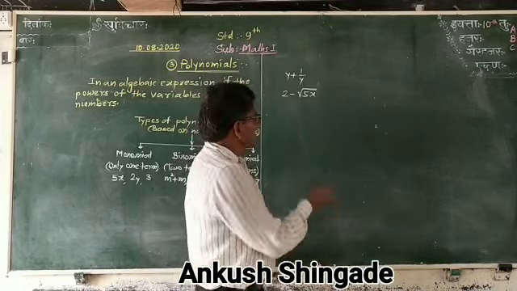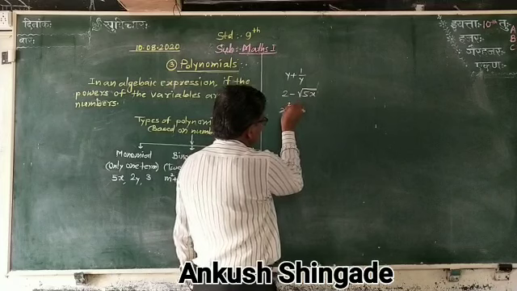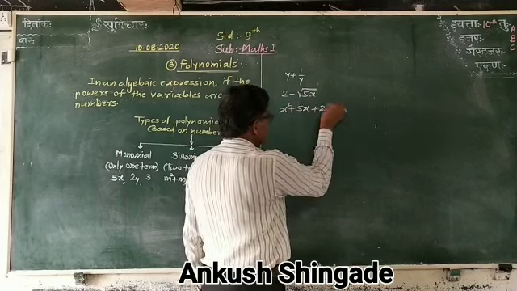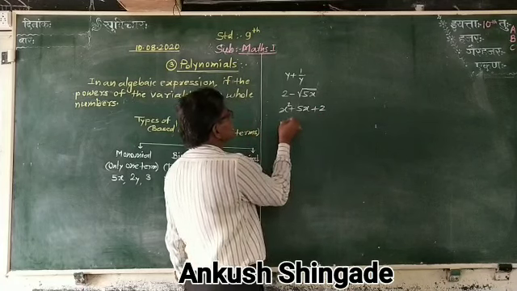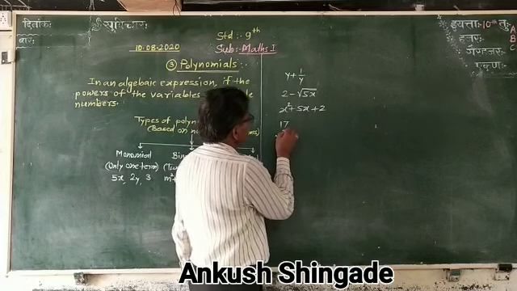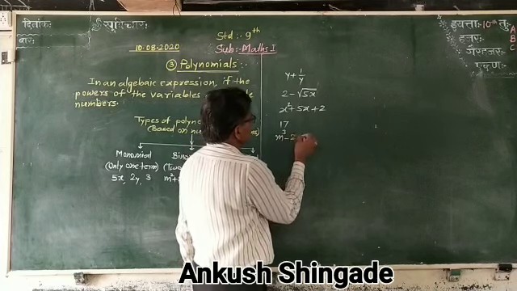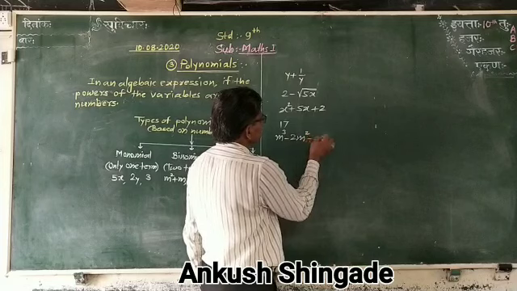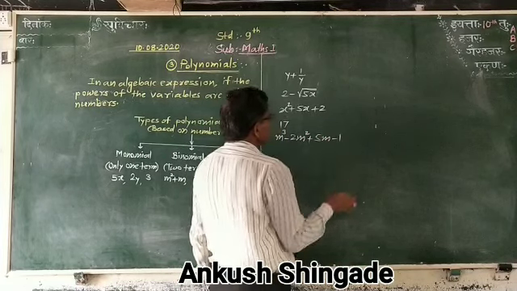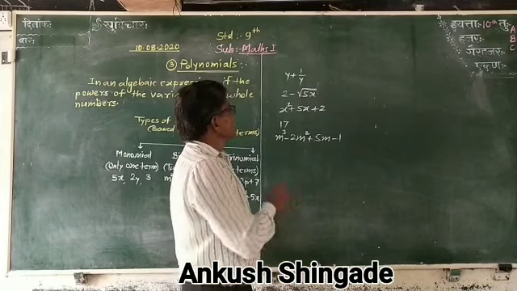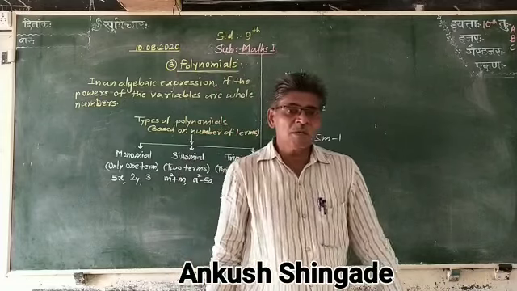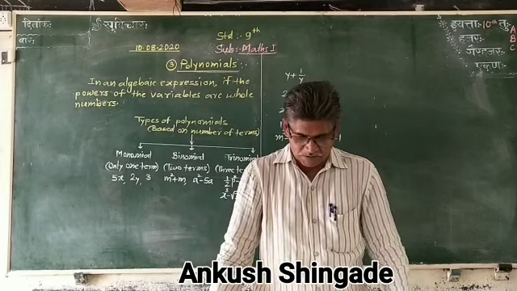Then x square plus 5x plus 2, then 17, then m cube minus 2m square plus 5m minus 1. All these are some of the algebraic expressions.